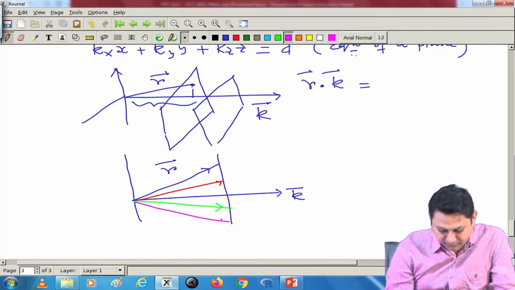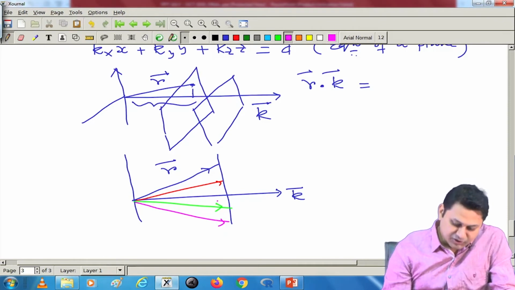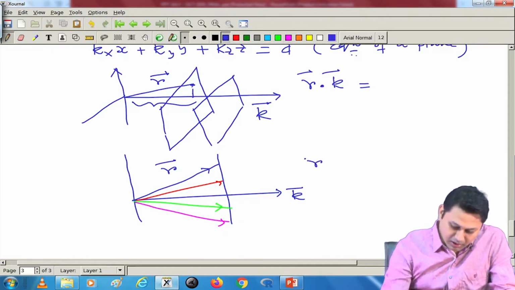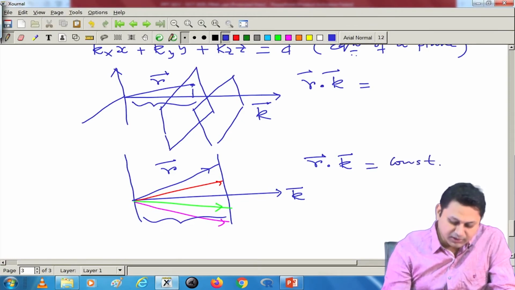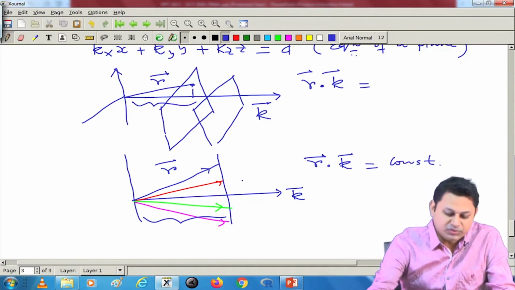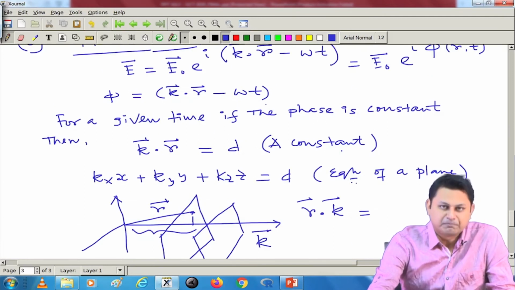So, I have several different points over the entire surface, and each time when I calculate r dot k, this will remain a constant. So, it happens only when we have a structure of a plane, and whatever the solution we have is the form of a plane. So, that is why it is called the plane wave solution.